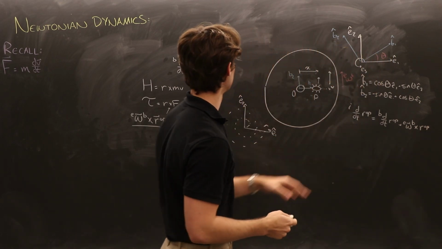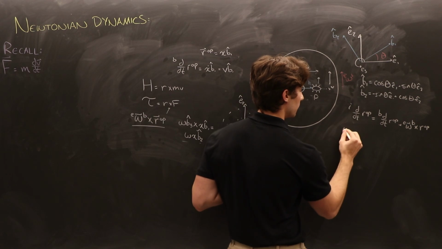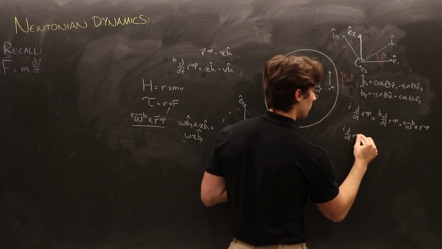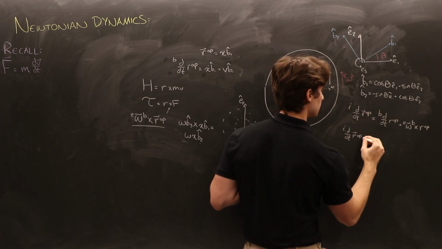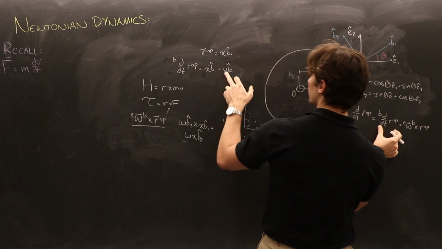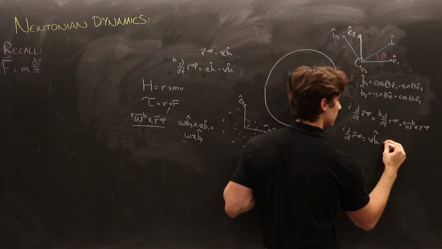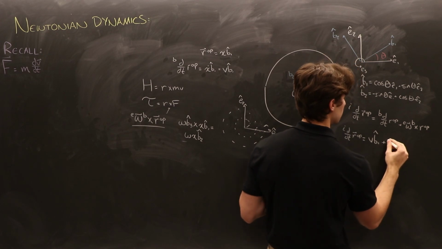And for this example, we can go ahead and plug in all those components, and we can see that we're going to get this inertial derivative of ROP is simply going to be this term, which we said was v times b1, plus this term, which we said was omega x b2.